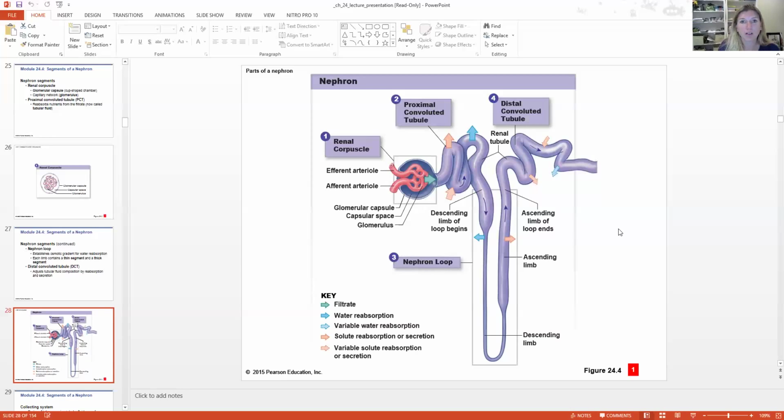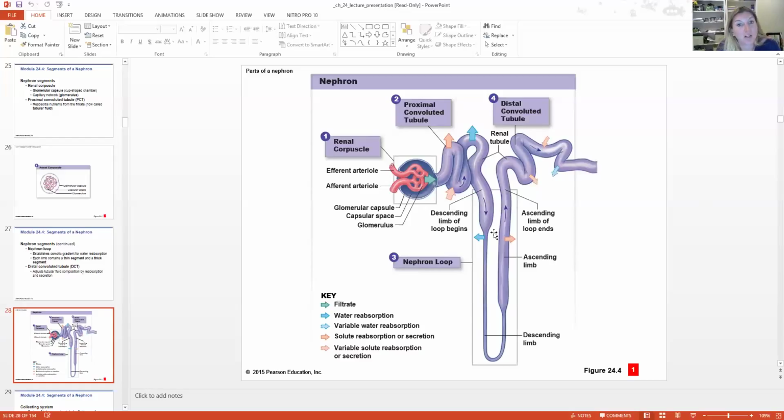This whole area is kind of covered, think spider web covered, just crisscrossed everywhere with these capillaries. The capillaries are going to suck up all of the water and solutes that are being reabsorbed from this filtrate.